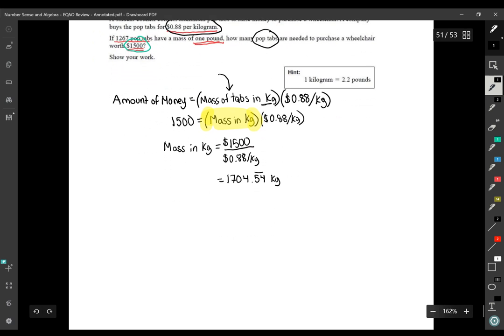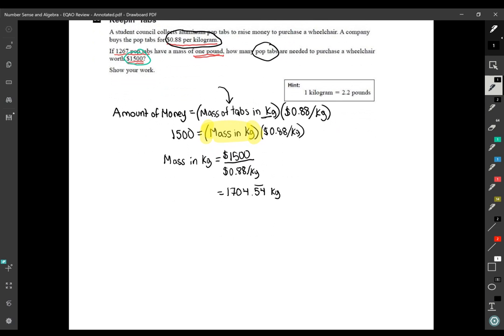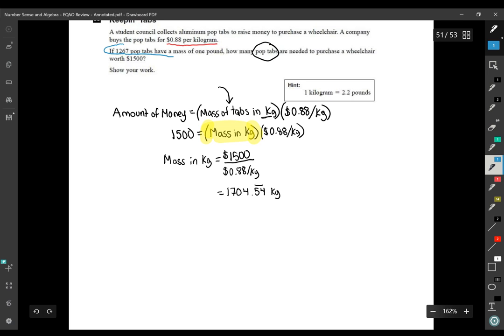Okay, so let's continue. What other pieces of information are we given in this problem? Well, let me just clear this up here. Okay, so we know that 1,267 pop tabs have a mass of 1 pound. That's key information.